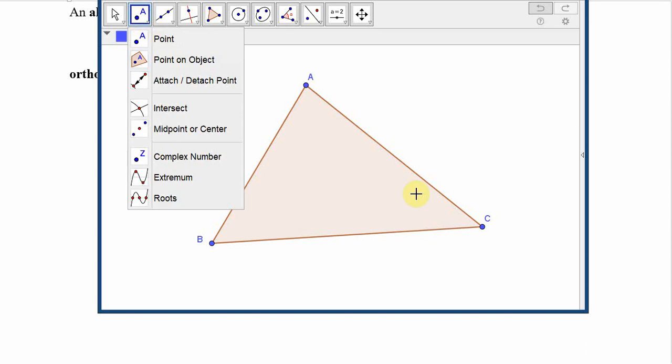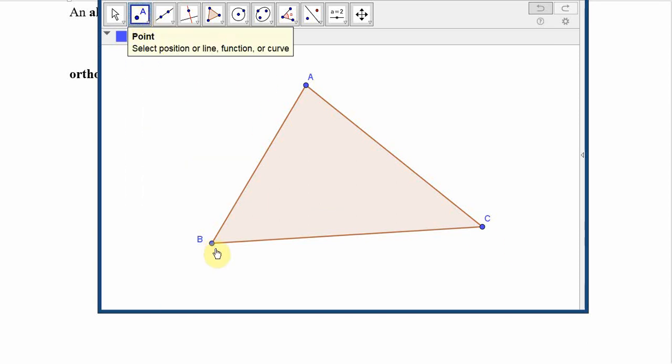Set your compass to put the needle on B and put the pencil somewhere on the opposite side length.